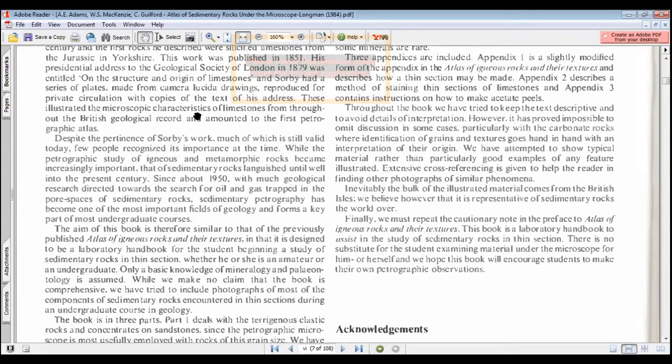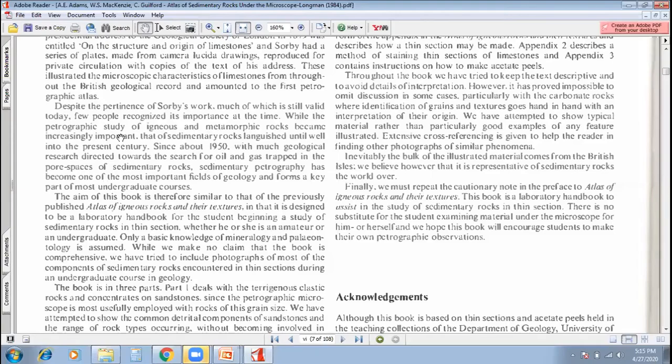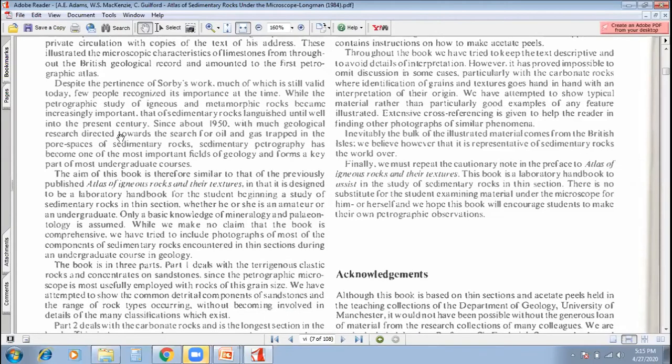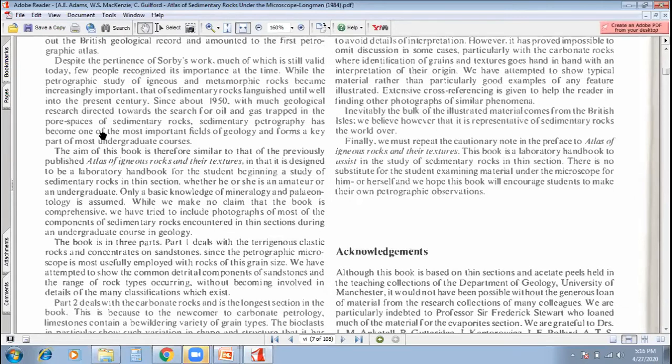The main interest when the petrographic microscope was invented was in the igneous rocks. However, later on, when more and more resources were explored, especially oil and gas, most of the companies were interested to see the sediments, because most of the oil and gas were discovered in sedimentary rocks.